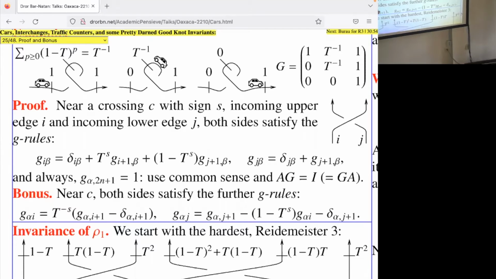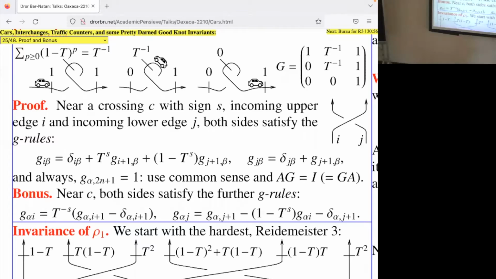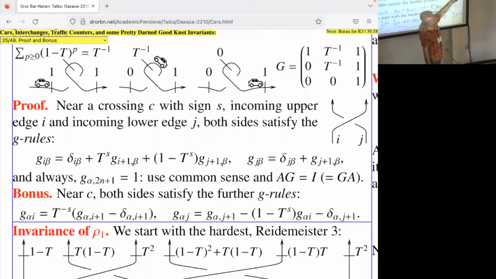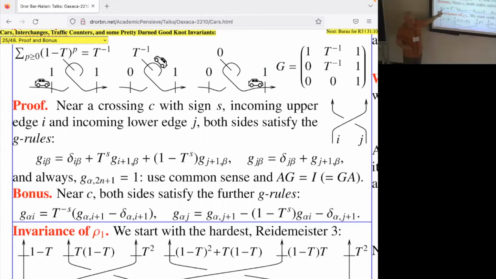And if we're at it, we can notice that if AG is equal to the identity, then GA is also equal to the identity, and then you can read rules out of it, and you get some further G rules, which tell you not how to move the injection point of the car, but how to move the traffic counters.